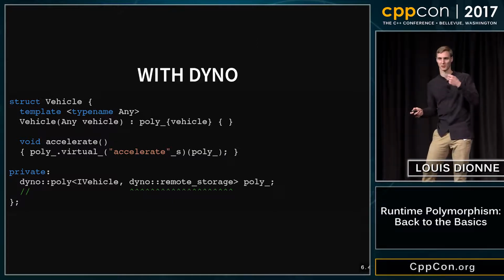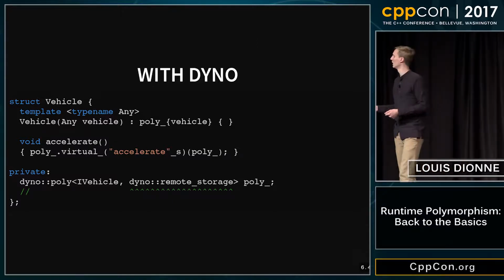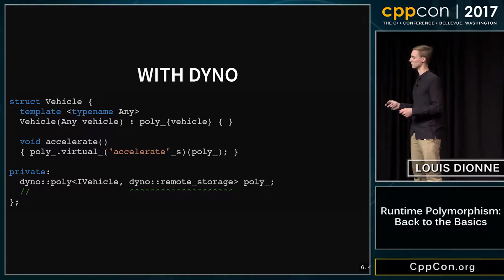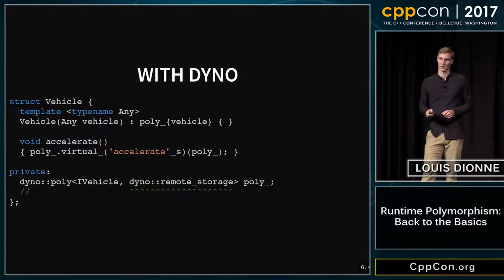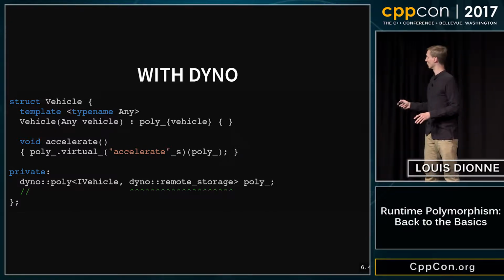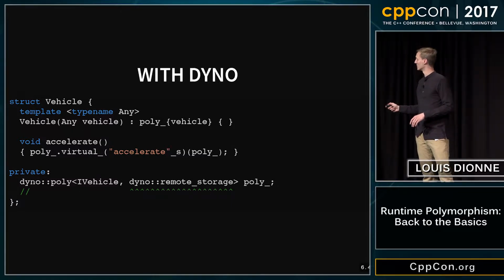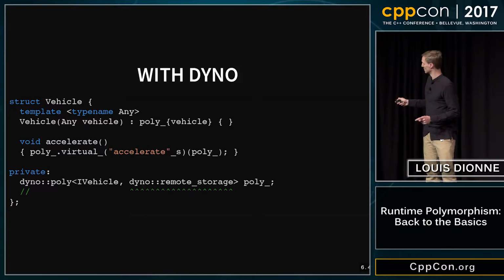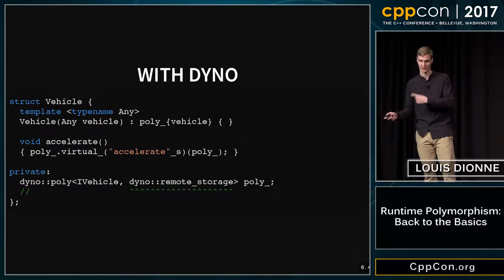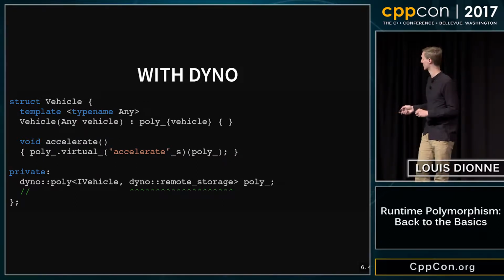It's a way of storing the underlying object. And here we're just using the remote storage policy, which is basically equivalent to what we implemented by hand here. Then when I call accelerate on my vehicle, it's going to reach into the vtable of the poly, to the function that matches the accelerate string, and then call that on the poly.